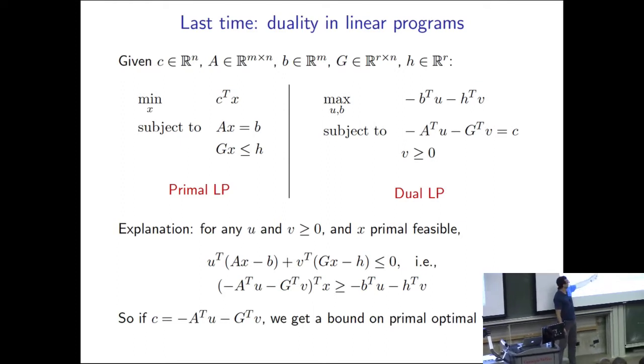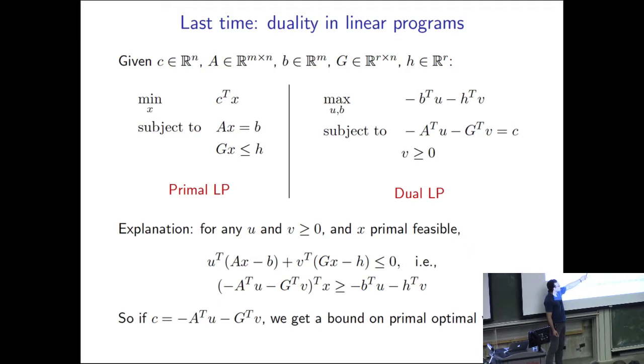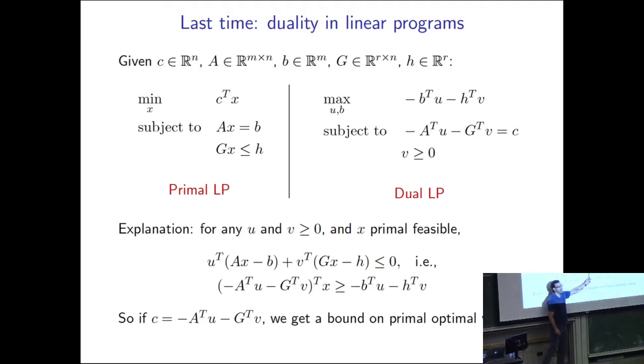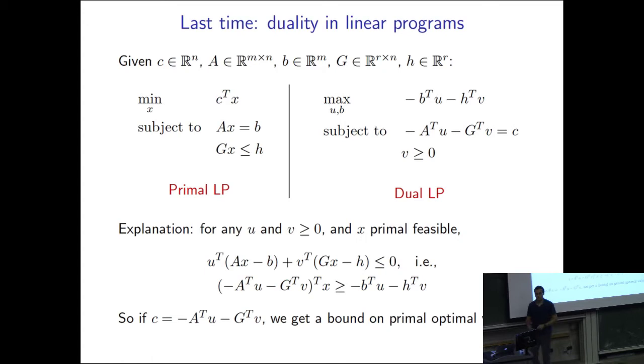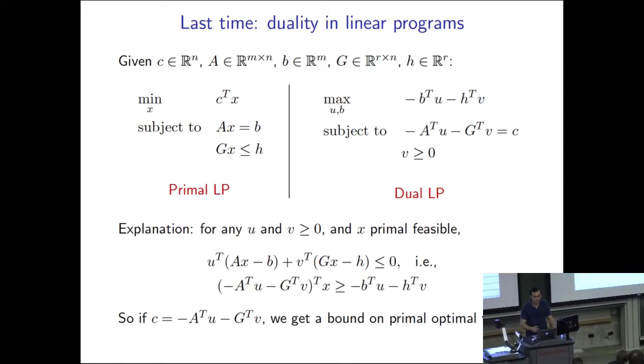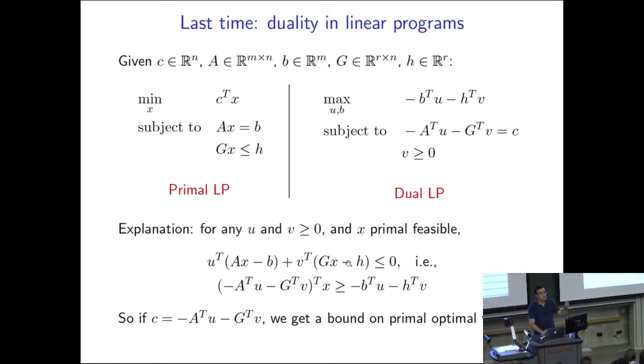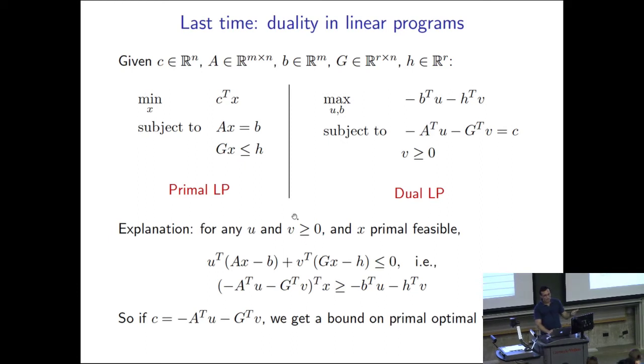Why? Because at feasibility, this is 0, so this whole term is 0. This is going to be less than or equal to 0 in every component. This is bigger than or equal to 0 in every component. So if I take their inner product, I get something that's less than or equal to 0. That was as simple as the fact that we used primal feasibility and a sign restriction for v.